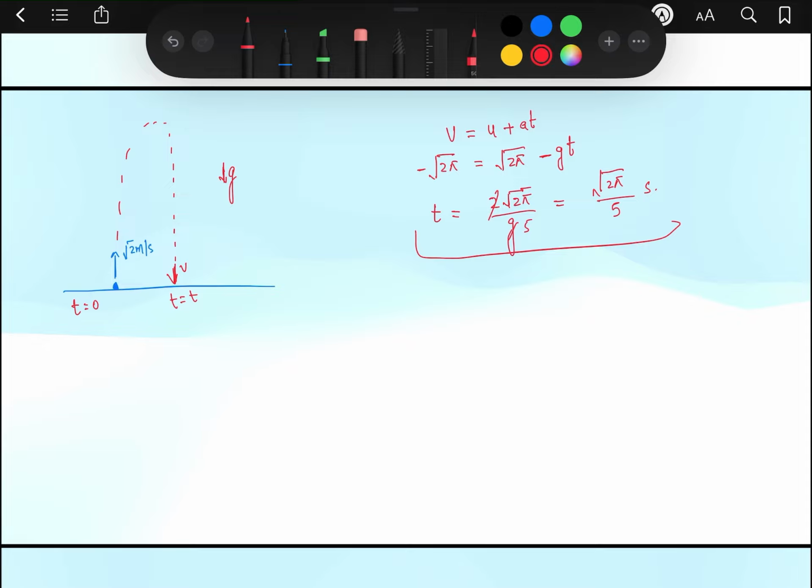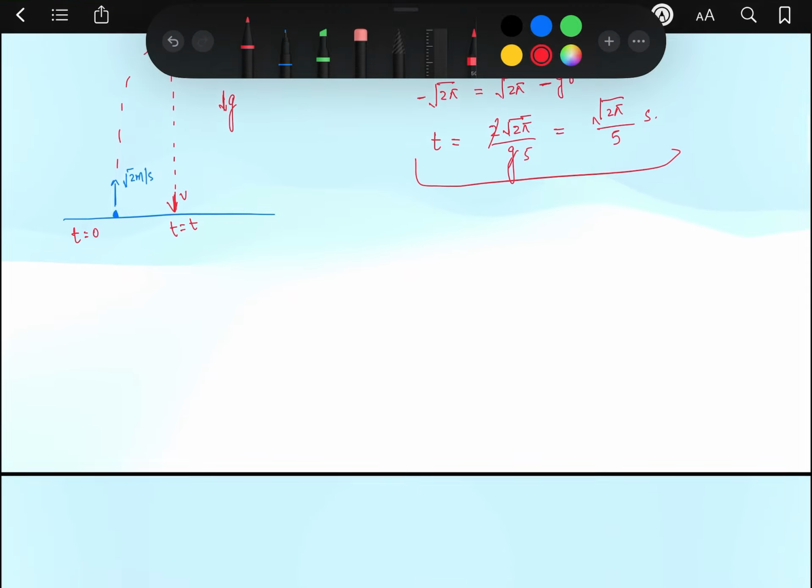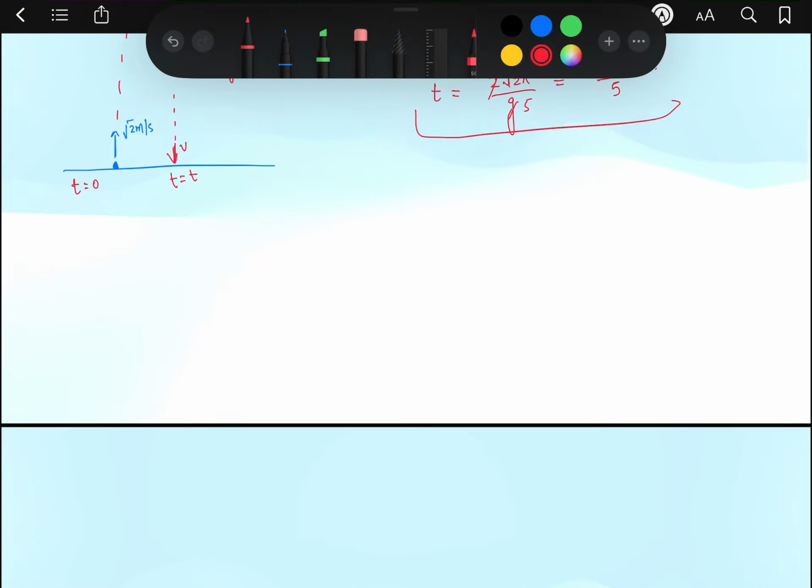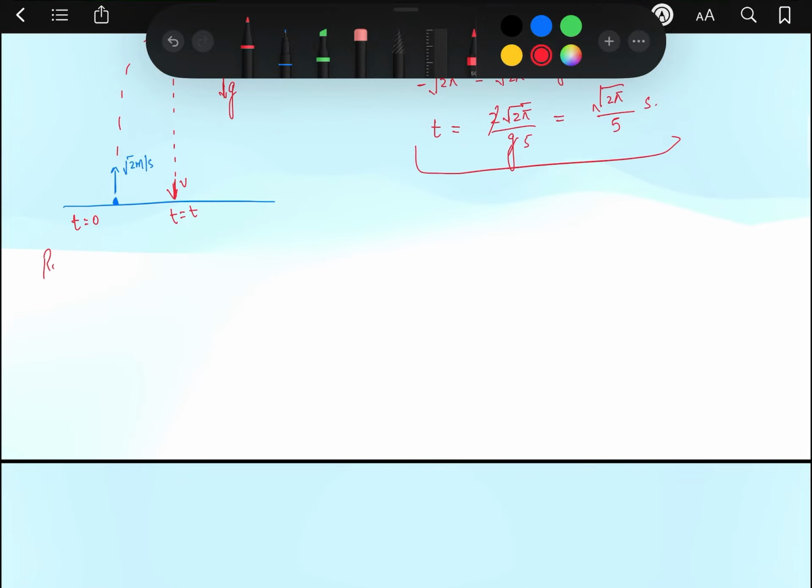Okay, and now we have calculated this time. So now I will be talking about the rotational motion of this coin.